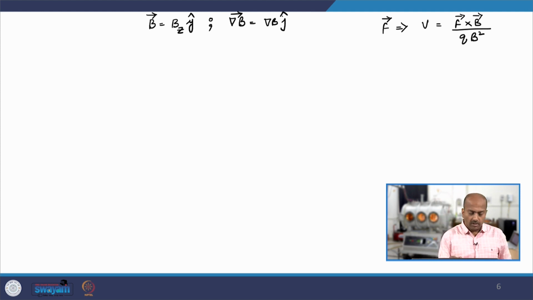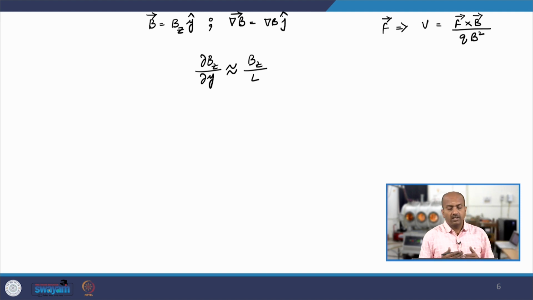Now, since we have considered a non-uniform magnetic field, we will make an approximation which is suitable to make it convenient for the mathematical derivation. So, we have dou B_z by dou y approximately equal to B_z by L. What this approximation says is that the rate at which the magnetic field changes with respect to the distance along y is approximately equal to the ratio of the strength of the magnetic field over the distance L, where L is the length scale of inhomogeneity.